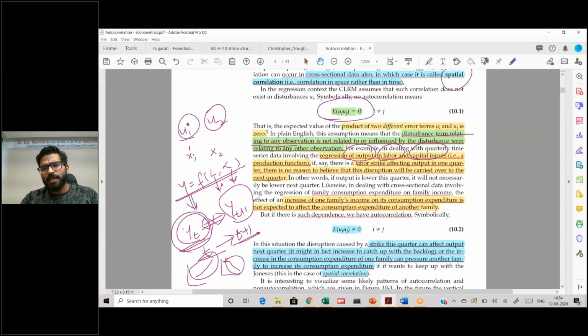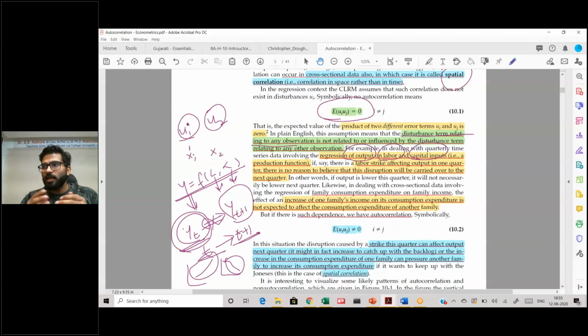Even in cross-sectional data, you will find that there is some kind of association. Why? Let's take an example: suppose my neighbor buys a Mercedes. Of course, as a ratchet effect, as we call it in economics, because of the social pressure created, I might also be pressured to increase my standard of living.